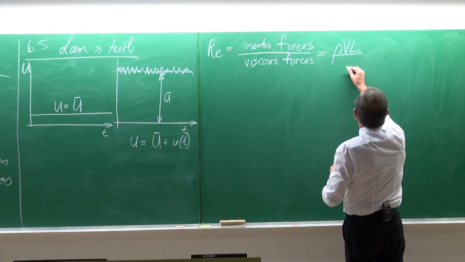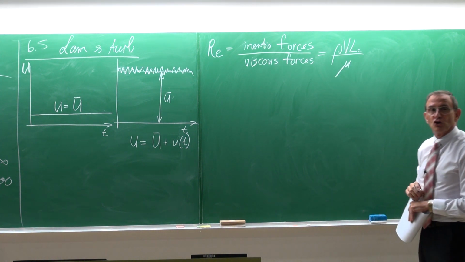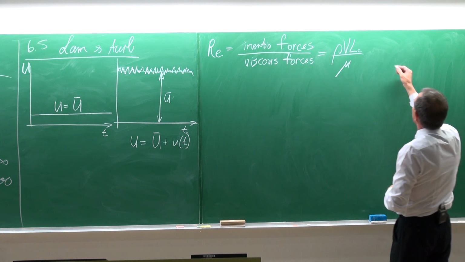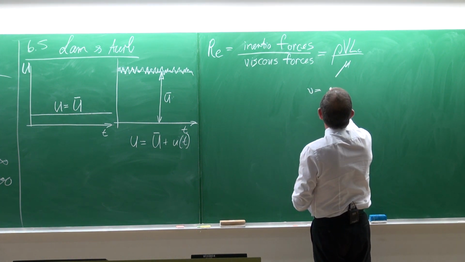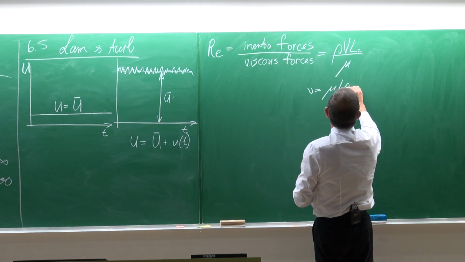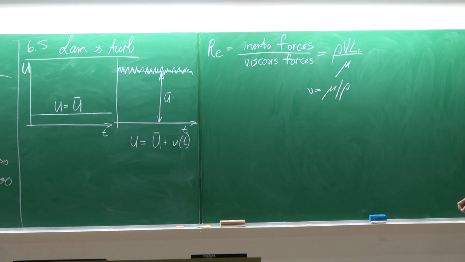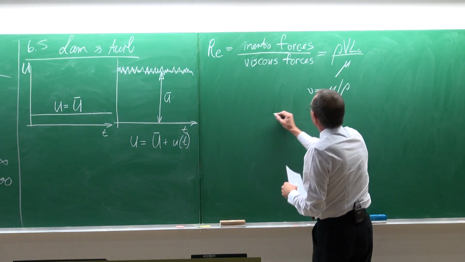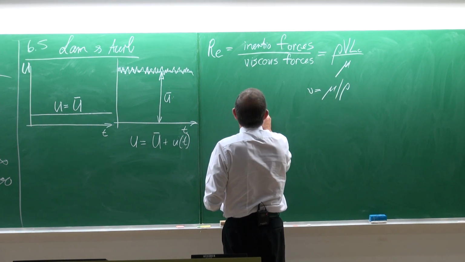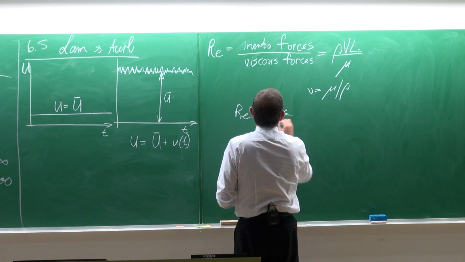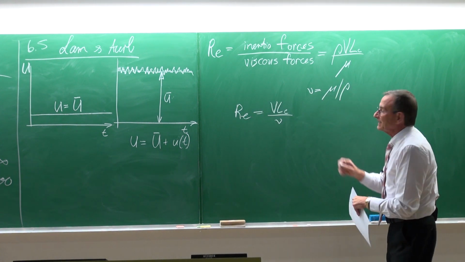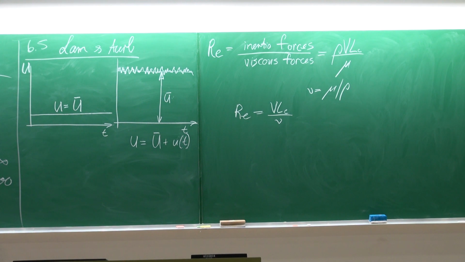Divided by the dynamic viscosity, or you can use the kinematic viscosity, which is the dynamic viscosity divided by the density, and then you can write the Reynolds number as the velocity multiplied by the characteristic length divided by the kinematic viscosity. I hope you all remember that.